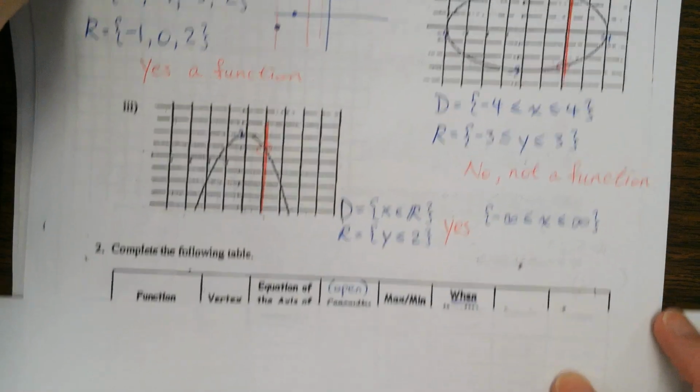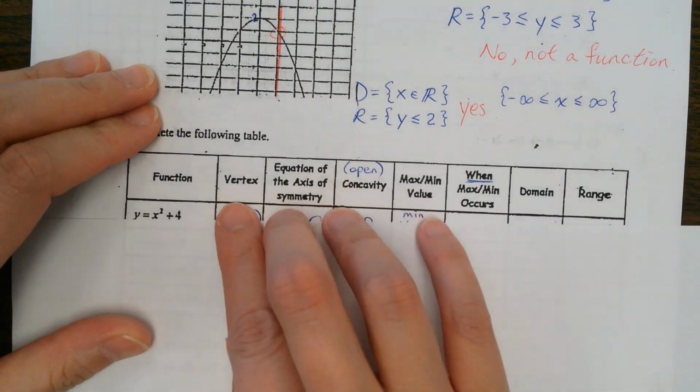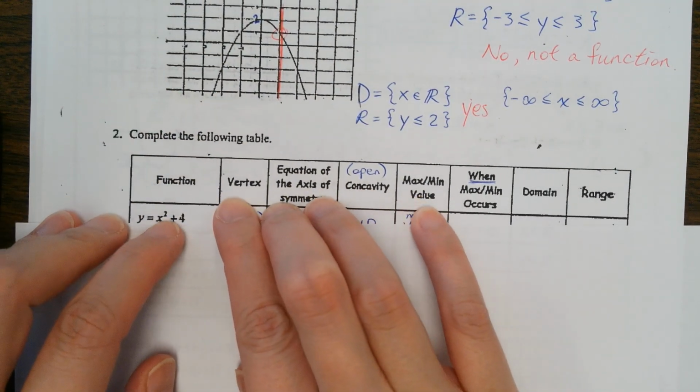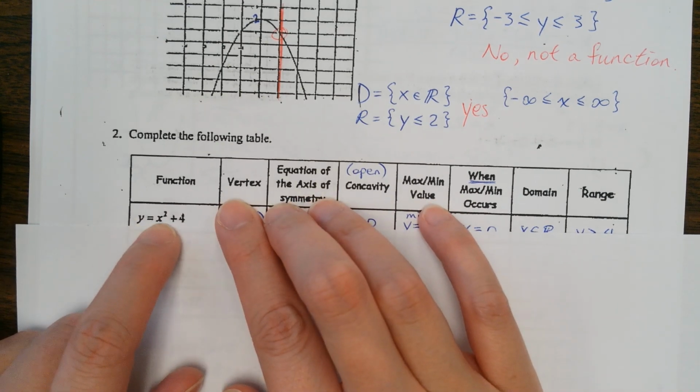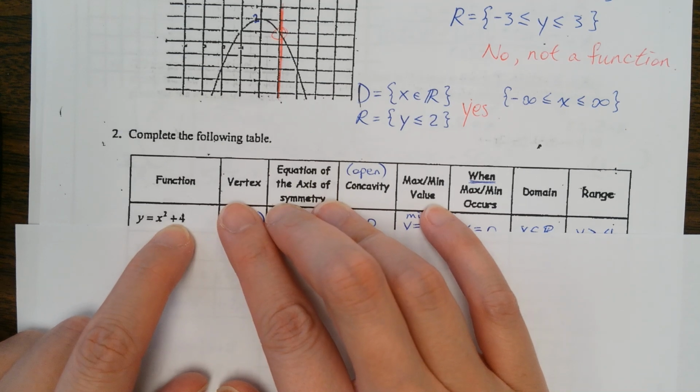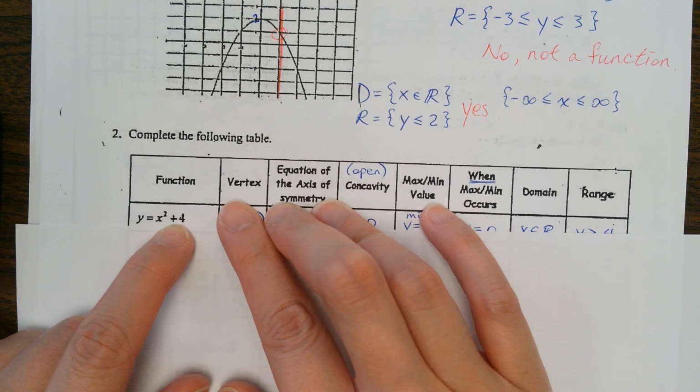Next, this chart right here. By the way, what form is this? Vertex form or standard, right?